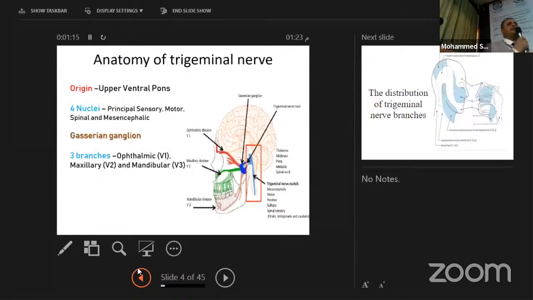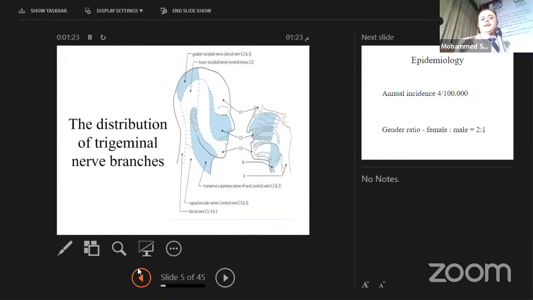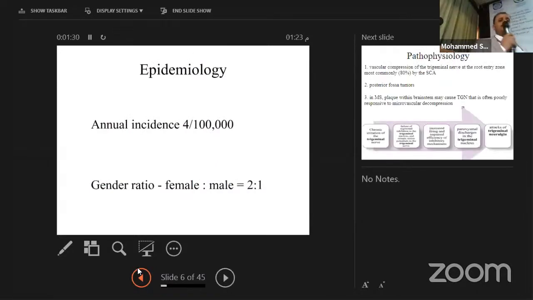The anatomy of the trigeminal nerve: it originates from the upper ventral pons, has 4 nuclei and 3 branches. The distribution of the trigeminal nerve is as you see in the photo. Epidemiology: annual incidence 4 to 5 per 100,000.